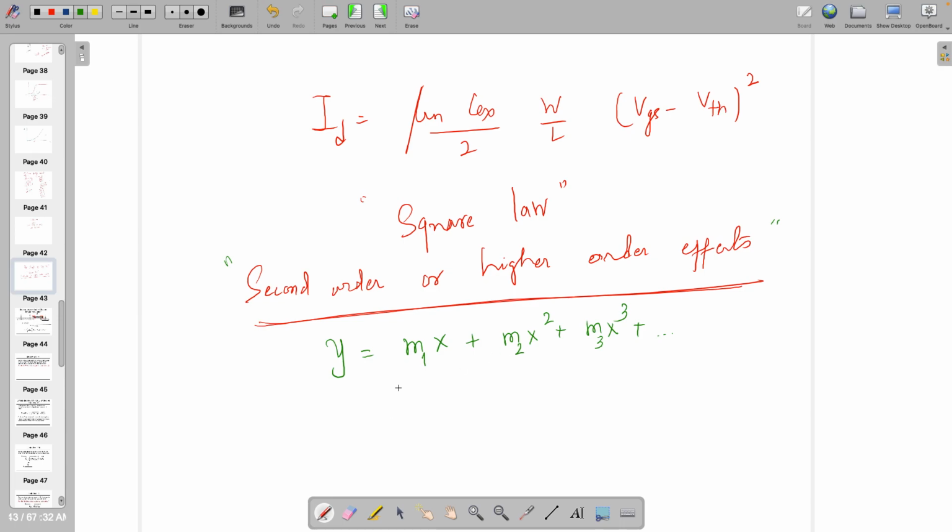If you write an equation approximating to the first order only, that's the linear equation, the simplest one. If you add many more things like second order, third order, you will see many more effects. But we are restricting ourselves to second order or third order effects only. Later on, there is not much problem. That's the actual reason behind that.